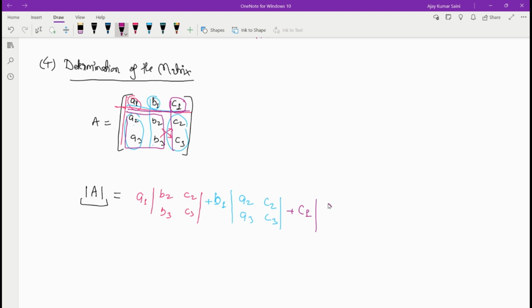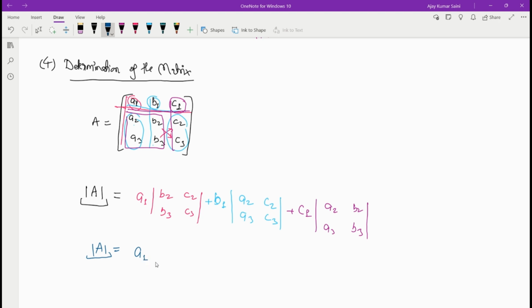So I take here a2, a3, b2, b3. Now it is very simple. It is denoted as the determinant of a matrix.